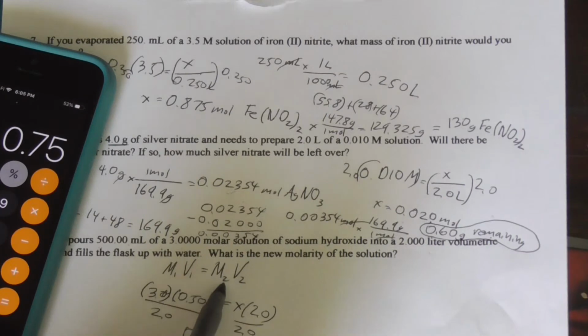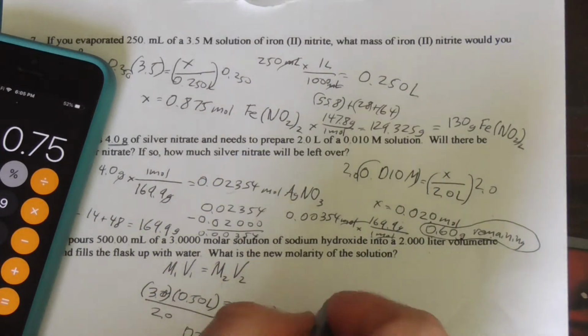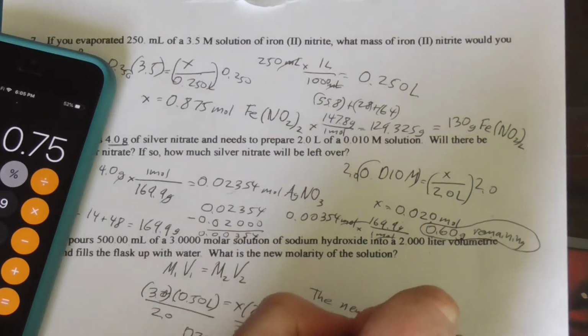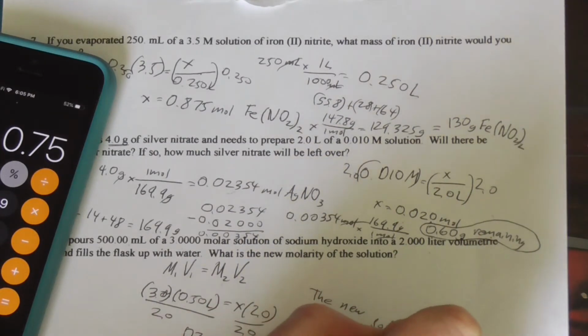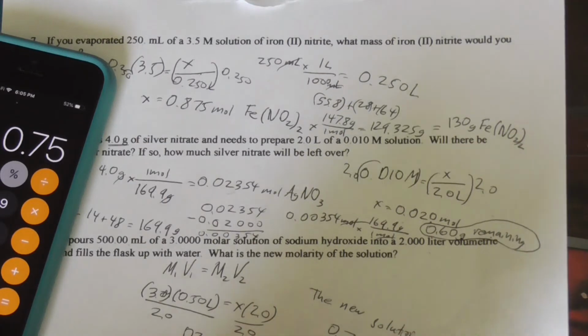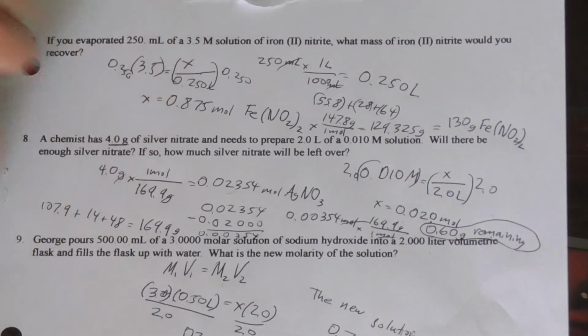What was X's value? It was this M2, the new molarity of the solution. So the new solution is 0.75 molar sodium hydroxide. Okay, I will stop it here, and then I'll do the final video about limiting reactant.